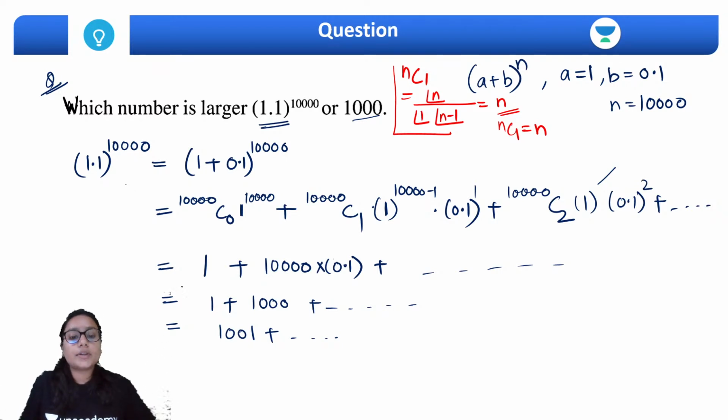Now you tell me which number will be bigger, this number or this number? Which number is the bigger number here? Let us take this as first and this as second. Which number is bigger?